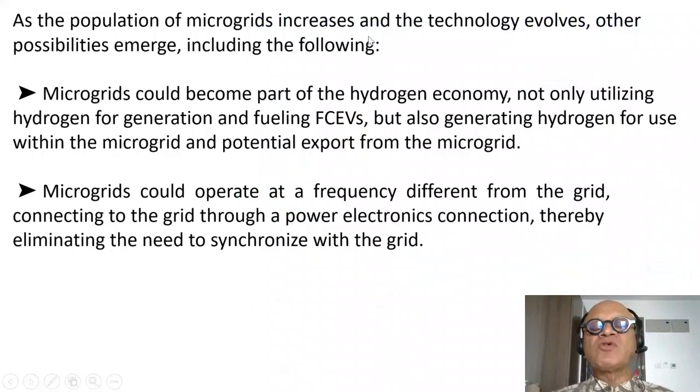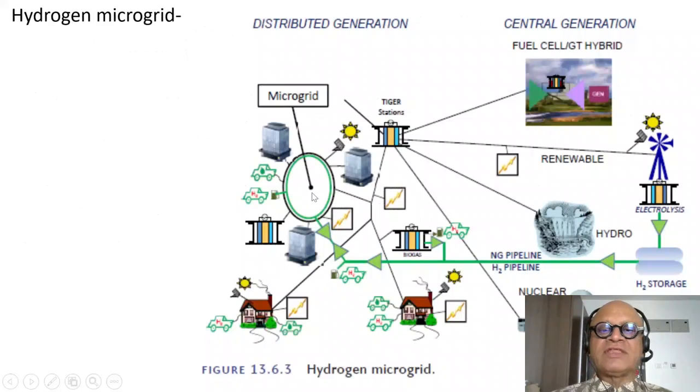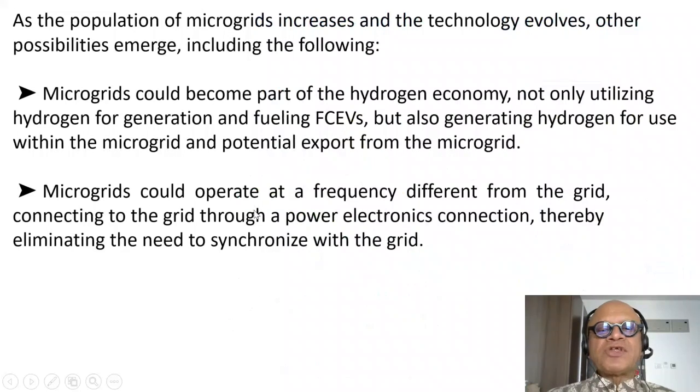As the population of microgrids increases and the technology evolves, other possibilities emerge obviously. Microgrids could become part of the hydrogen economy, not only utilizing hydrogen for generation and fueling of fuel cell electric vehicles, but also generating hydrogen for use within the microgrid and potential export from the microgrid, as you can see here. And microgrids could operate at a frequency different from the main grid, connecting to the grid through a power electronics connection, thereby eliminating the need to synchronize with the grid.